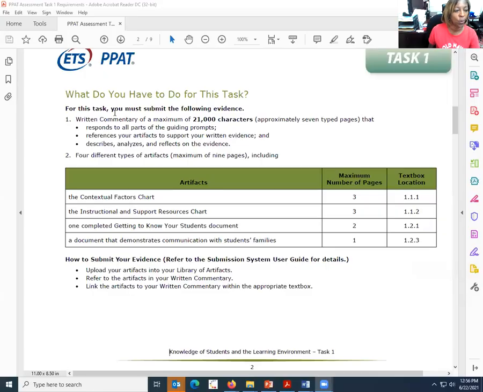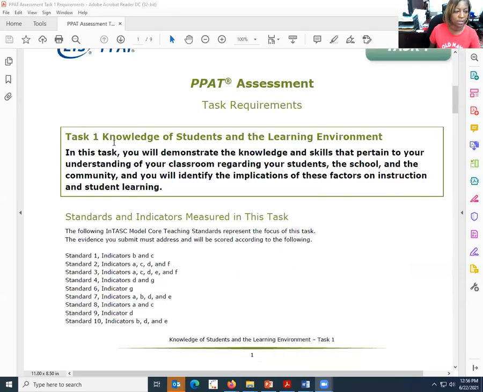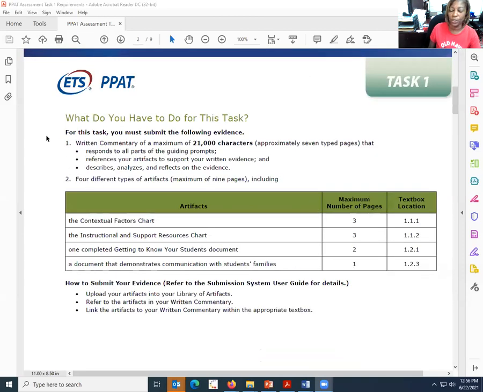Okay, so what do you have to do for this task? Task 1, of course, is knowledge of students and the learning environment. You will have to answer some what we call guiding prompts. You will also have to submit 4 different artifacts.